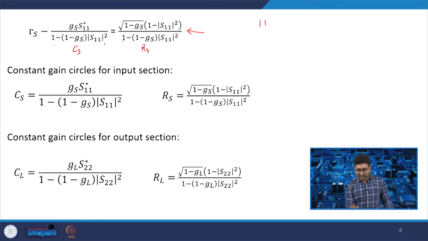So, this is nothing but gamma S minus Cs equal to Rs.